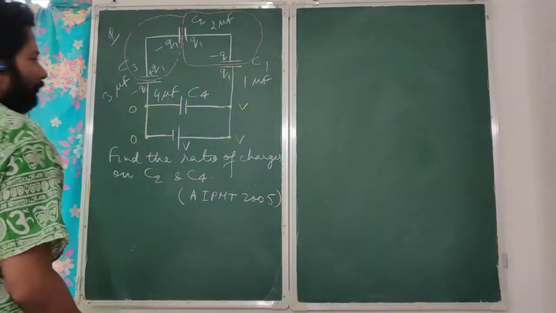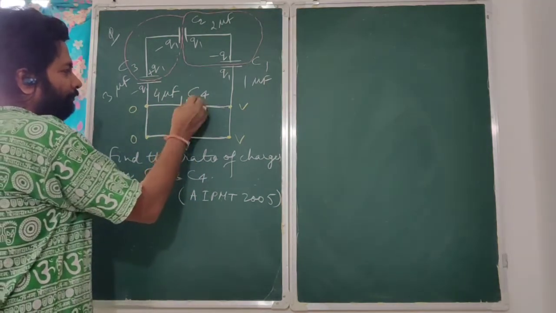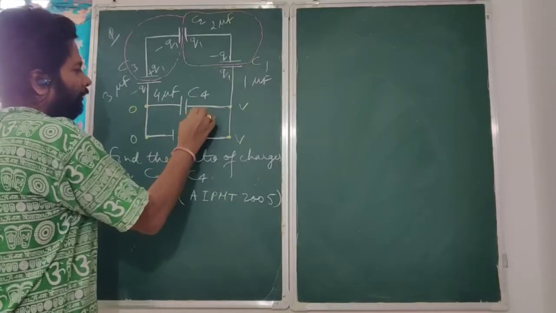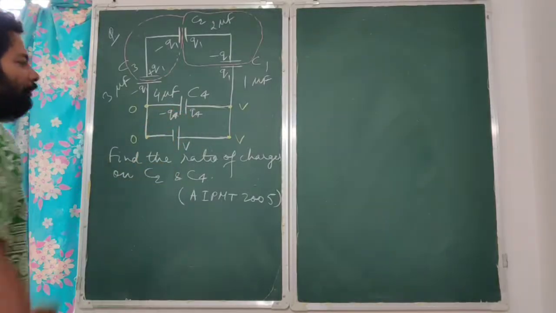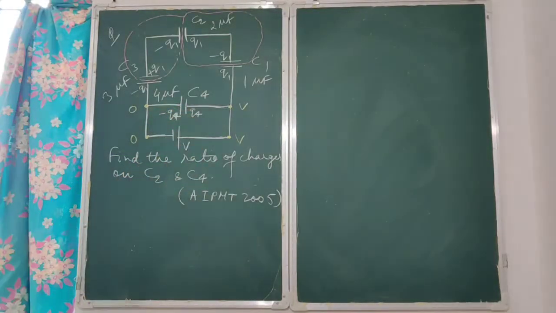And here we don't know, so we can put it as something like Q4. So here it will be minus Q4. So once we have assigned the charges on the different plates of the capacitors, the thing should be easier for us to do.